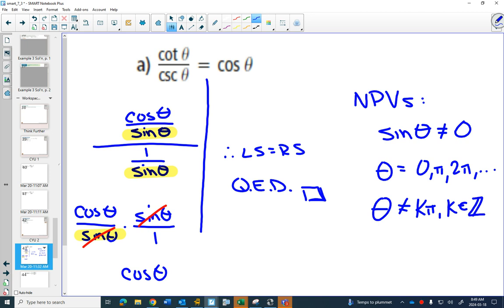That theta can't equal k pi. Any multiple of pi would cause us to divide by 0. So again, when we prove first, then we can check everywhere in our proof where we are dividing by 0, and we have to solve all of those places.